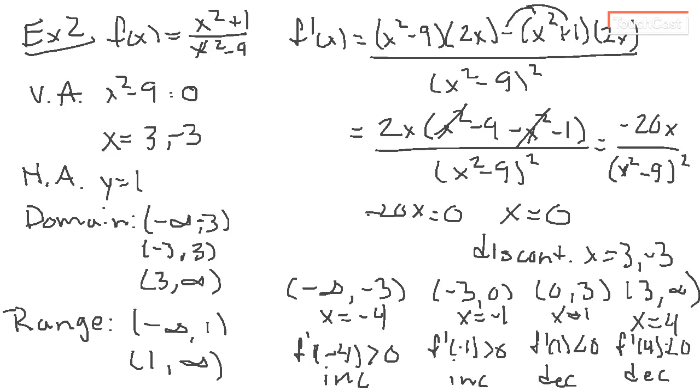And I've run out of room on this screen, so I'm going to make a new one. If we want to find the second derivative, we're going to again use the quotient rule.